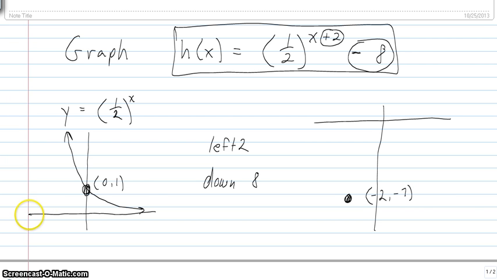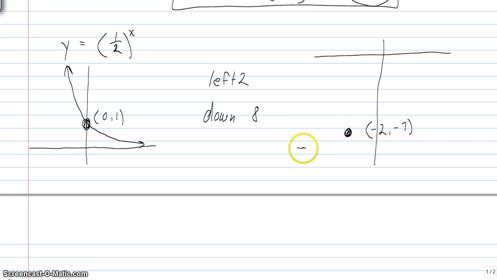And of course, y equals 0 is the original horizontal asymptote, but if we shift everything down by 8, we'll have a horizontal asymptote down here at -8. And so our graph maintains the same shape, so it's going to look something like that.